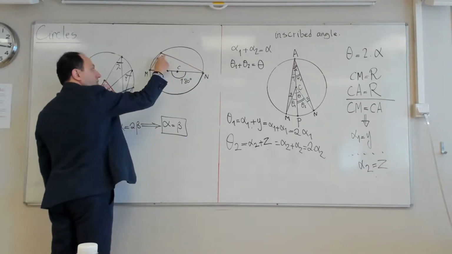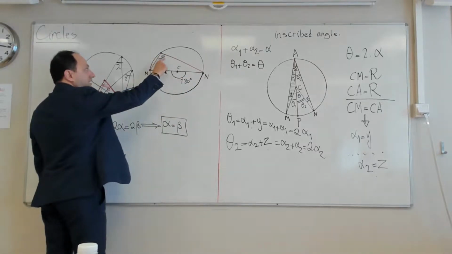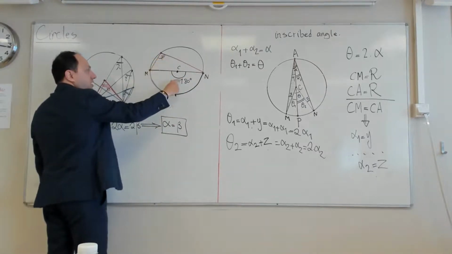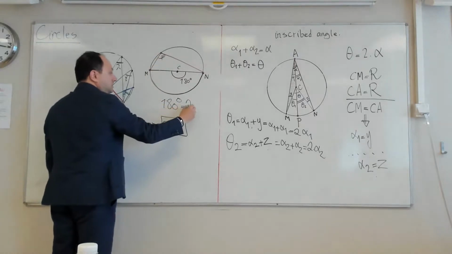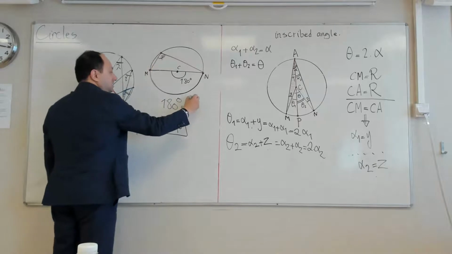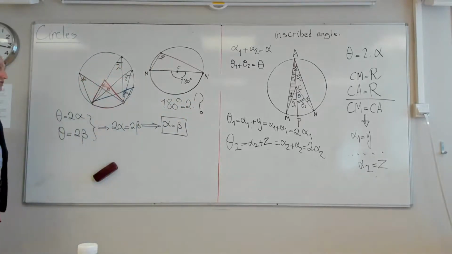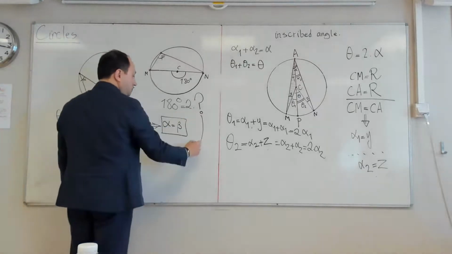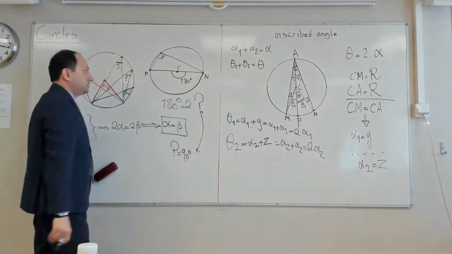It is also opposite to this inscribed angle. But then we learned that the size of the central angle is 2 times larger than the size of the inscribed angle. Yes? So the inscribed angle, the question mark, should be 90 degrees. So that's extremely important to know.